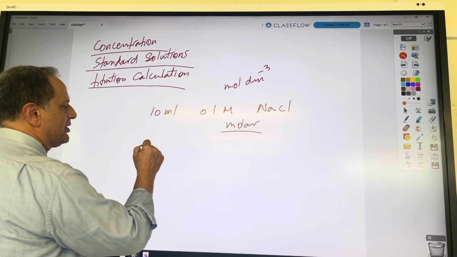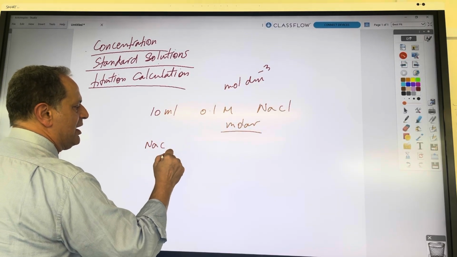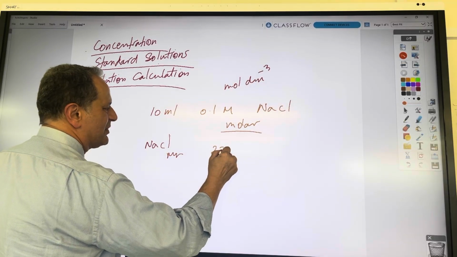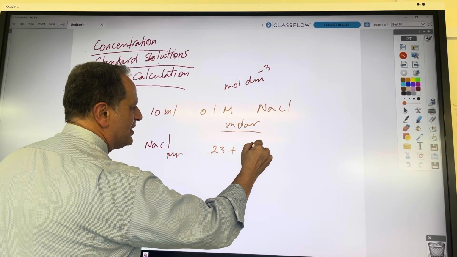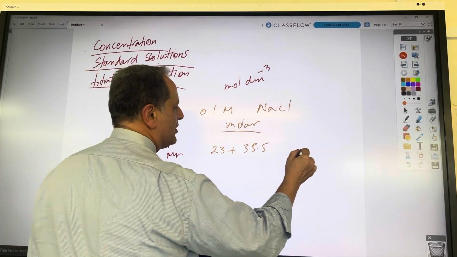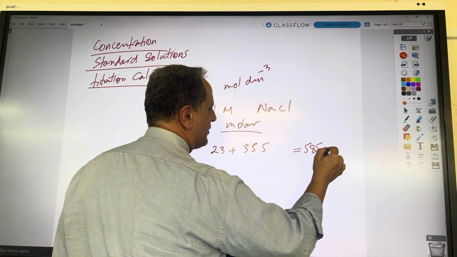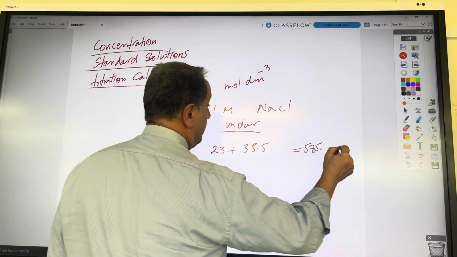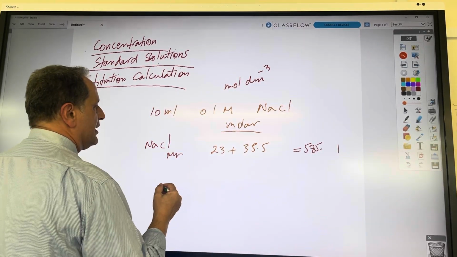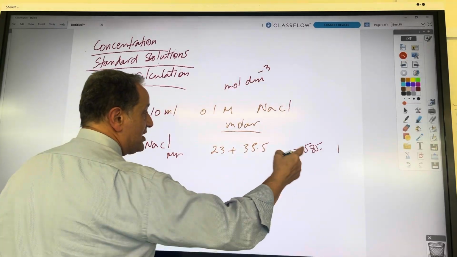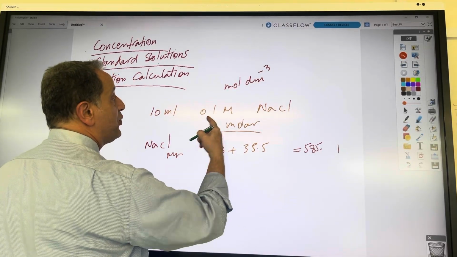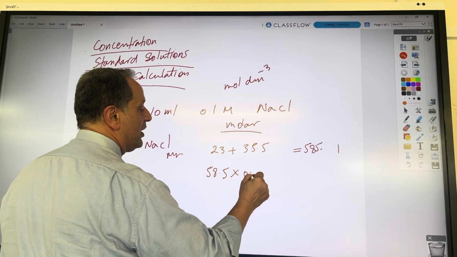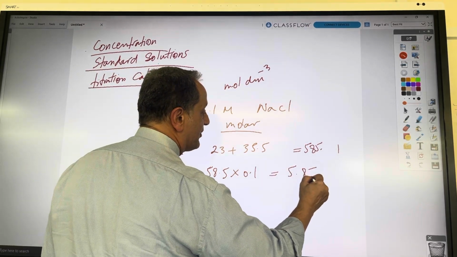So sodium chloride: the first thing you have to find out is the Mr. Sodium is 23, and chlorine is 35.5. So it's 58.5 grams, and that is 1 mole. The next step: if that is 1 mole, then how many grams is 0.1 mole? So 58.5 times 0.1, that's 5.85 grams.